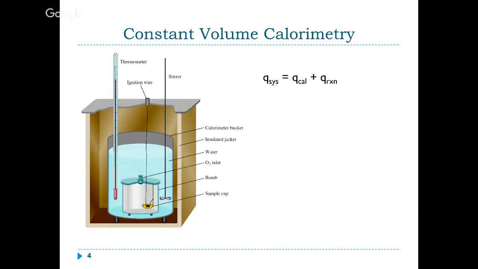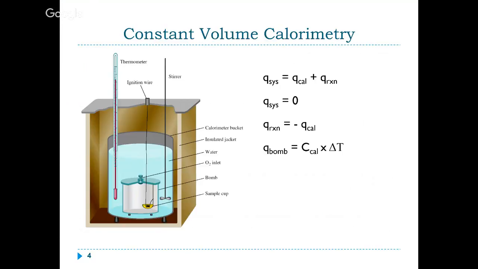So once again, we have Q of the system equals Q of the calorimeter plus Q of the reaction, because we're defining our system as what's contained within the calorimeter. So the Q of the system has to equal 0 because whatever heat is gained by the calorimeter is the same as the heat that is lost during the reaction. So we set these equal to each other and just say one of them has to be negative because heat lost equals heat gained.